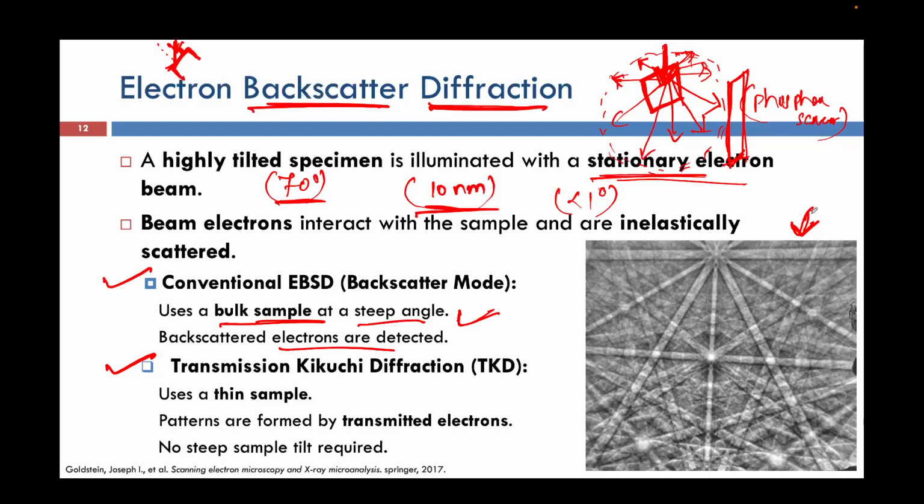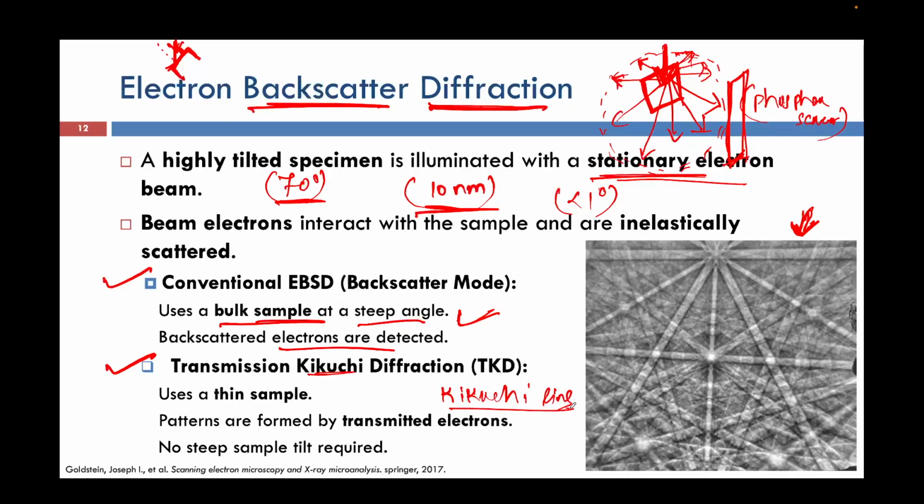Now that we know this is an EBSD pattern, we are seeing a series of lines in it, and these lines are called Kikuchi lines. Here we are seeing Kikuchi diffraction.